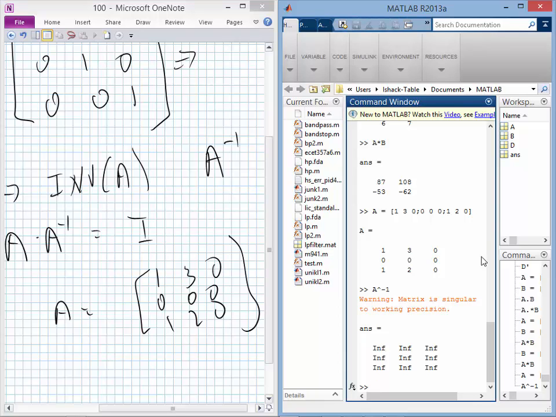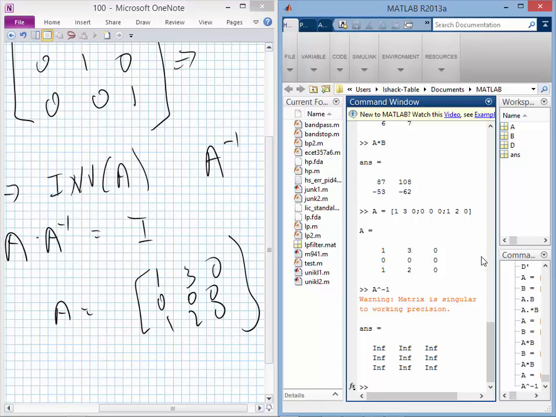This is the way you ask for the inverse: you take A raised to the minus 1, and if it comes back with this warning and the answer is infinite, that means the inverse does not exist. Usually, anytime you have a row or a column that's all zeros, the inverse will not exist. So in this case, I made up a matrix whose inverse just does not exist.